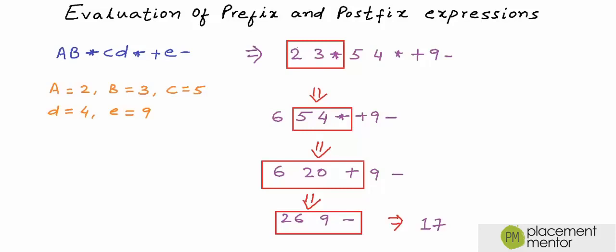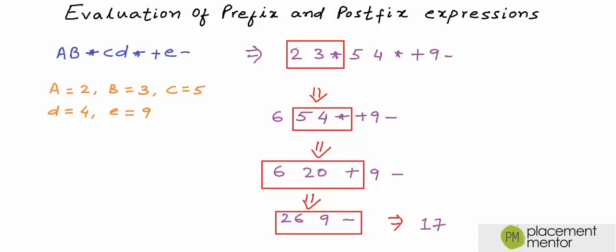The first operator will always be preceded by two values, and if you give this some thought, you will be able to understand why. If you can see, in this expression we are applying the operators in the same order in which we have them while parsing from left to right. So first we are applying this leftmost multiplication on 2 and 3, then we are applying the next multiplication on 5 and 4, then we are performing the addition, and then finally we are performing the subtraction.